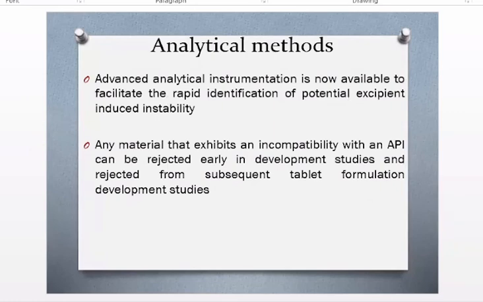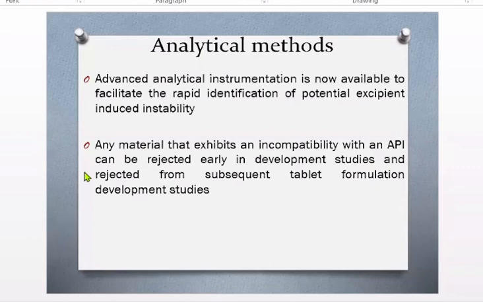Now, there are different methods that we use to study compatibility between API and excipient. Advanced analytical instrumentation is now available, so you can rapidly identify potential excipient-induced instability. Any material that is going to exhibit incompatibility can be rejected very early in development of the product.